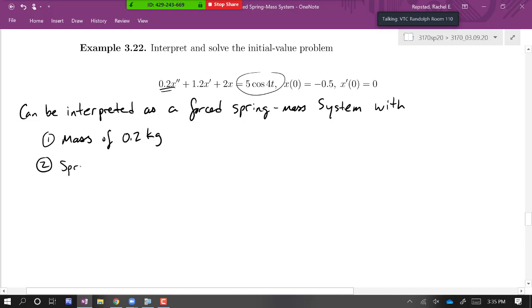And we have a spring with a spring constant of 2 newtons per meter. That's what we usually call k. And then a damping constant.